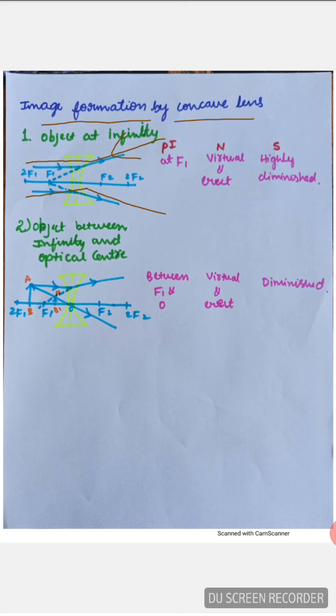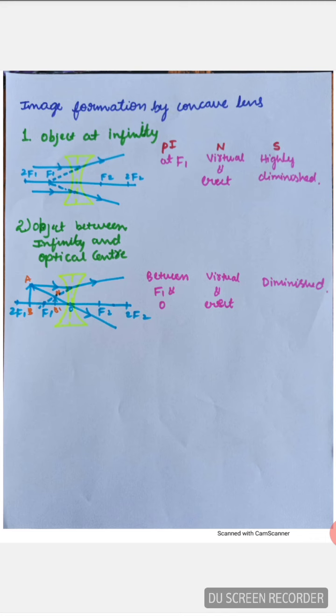When you draw these divergent rays backwards, they will meet at focus, that is they will meet at f1. So f1 is the point where the two rays are meeting. That is where the image is formed, at f1. As you can see from the figure, as they are meeting at f1, the image is highly diminished, or you can say it is point sized.